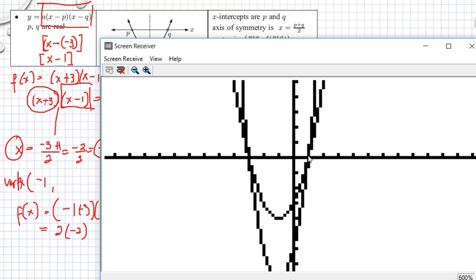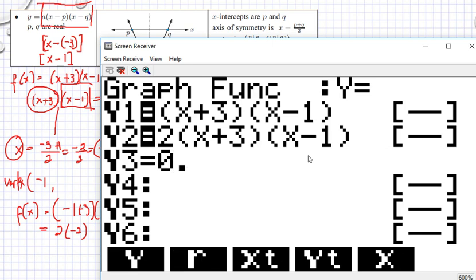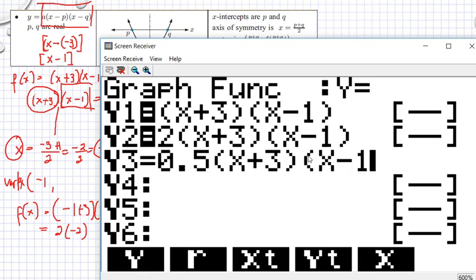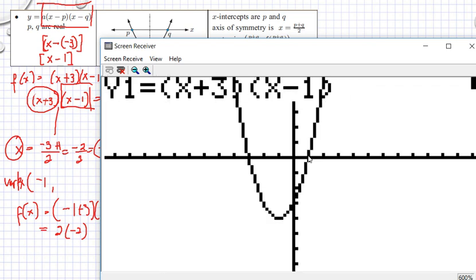Let's see, if I do 0.5 times x plus 3 multiplied by x minus 1, then we will draw that.